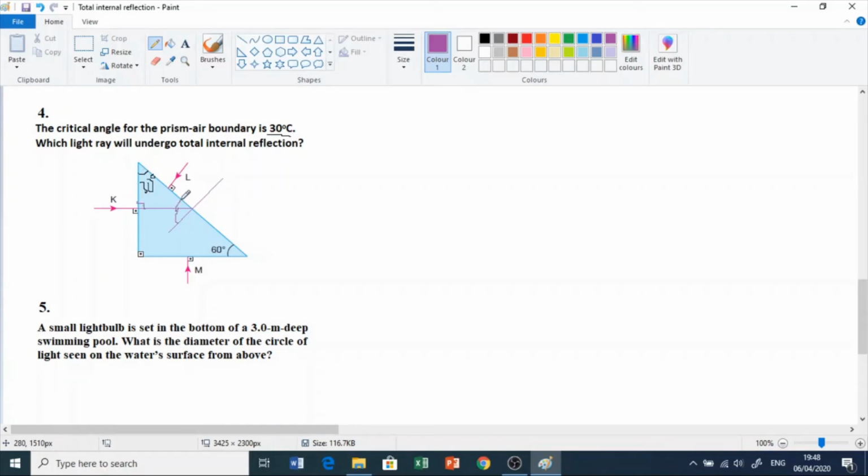This one will be 60 degrees. And this angle will be 30 degrees. And the angle of incidence is exactly the critical angle. That's why the light is going to move along the interface. So no total internal reflection will occur. Let's look at L. Let me draw the prism here.